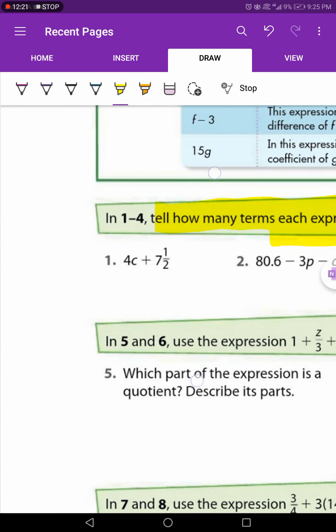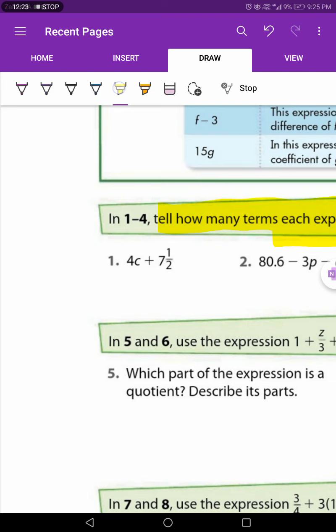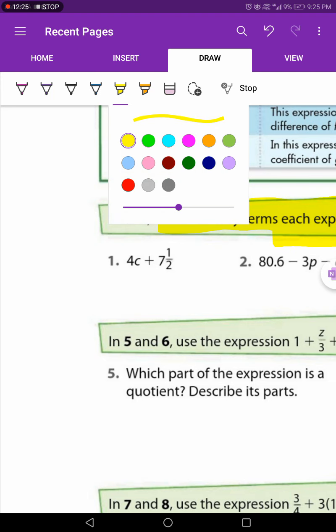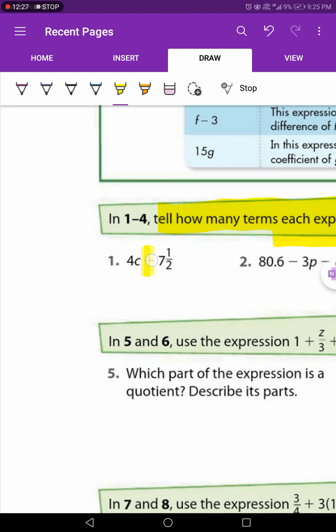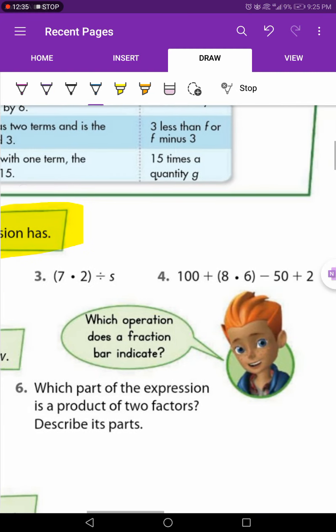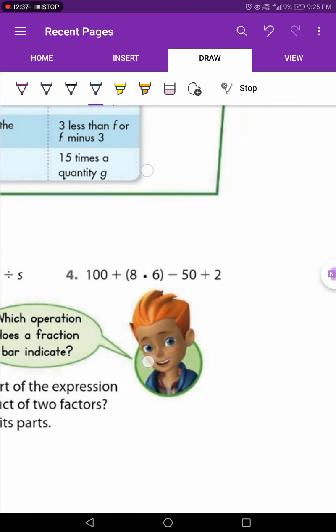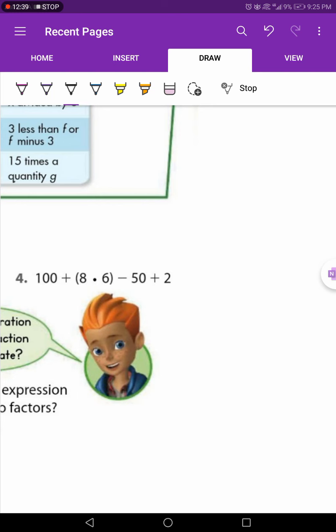I have 1 plus, so how many terms do I have? 2. Another example: I have 1 operation, 2 operations, 3 operations, so I have 4 terms.